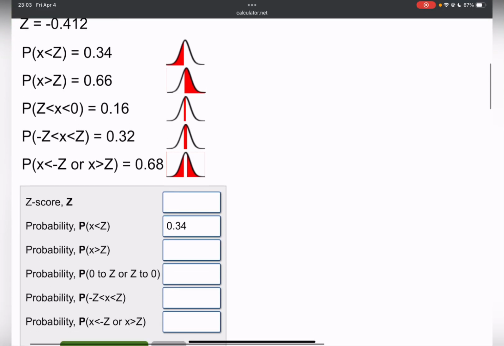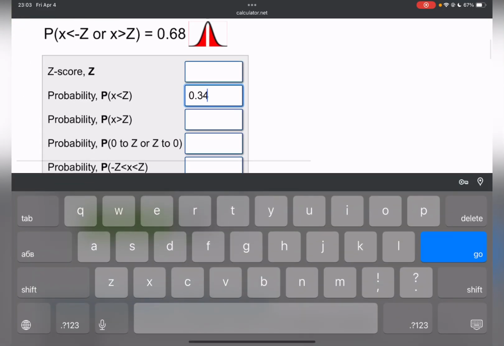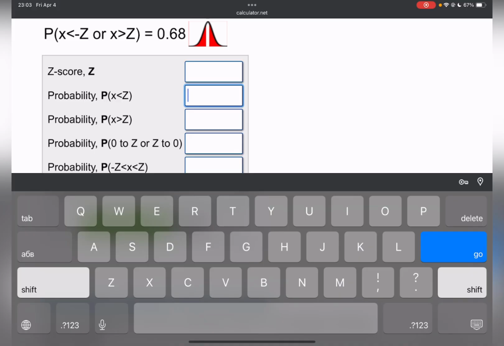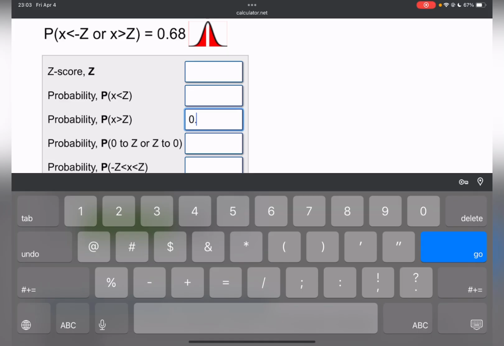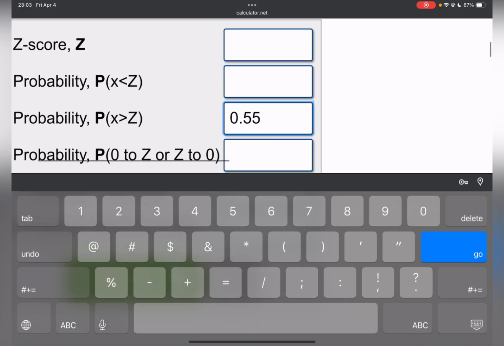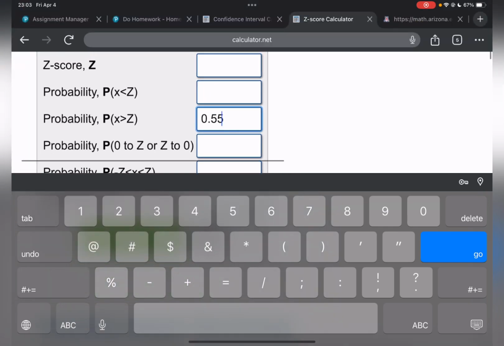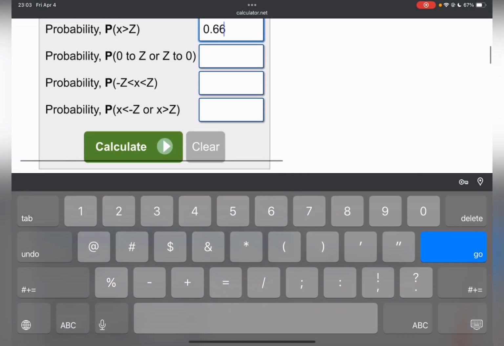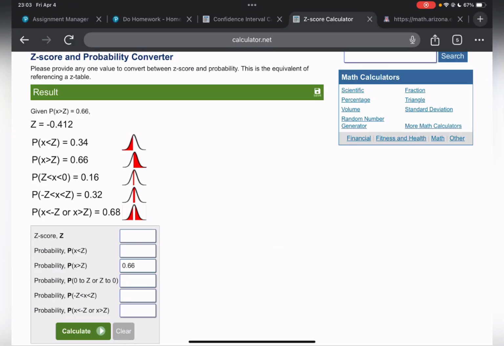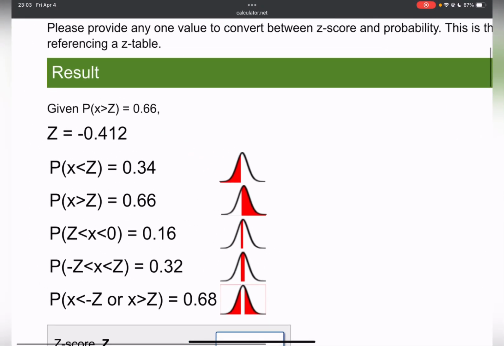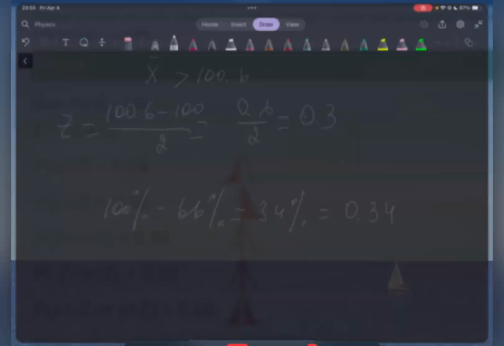Or you don't have to subtract from 100. Because it's asking above 66%, then you put 66, meaning here 0.66, but you choose above, see, greater. X is greater than z-score. So, oops, what did I put? 66. Okay, and click calculate, and you get z-score negative 0.412.